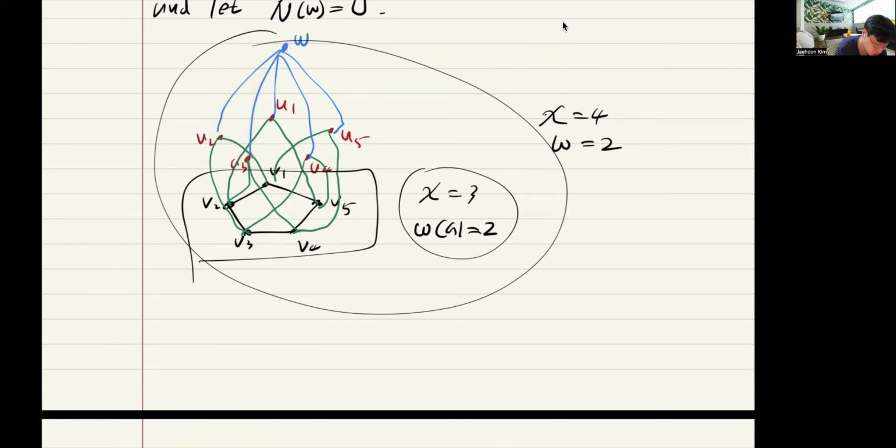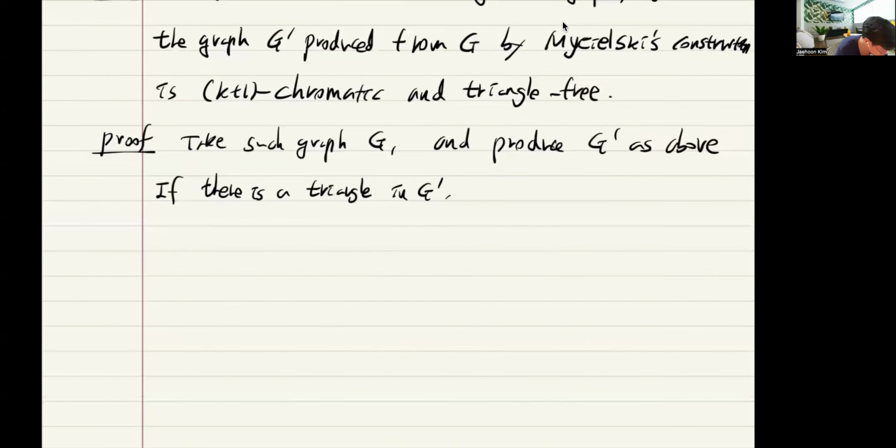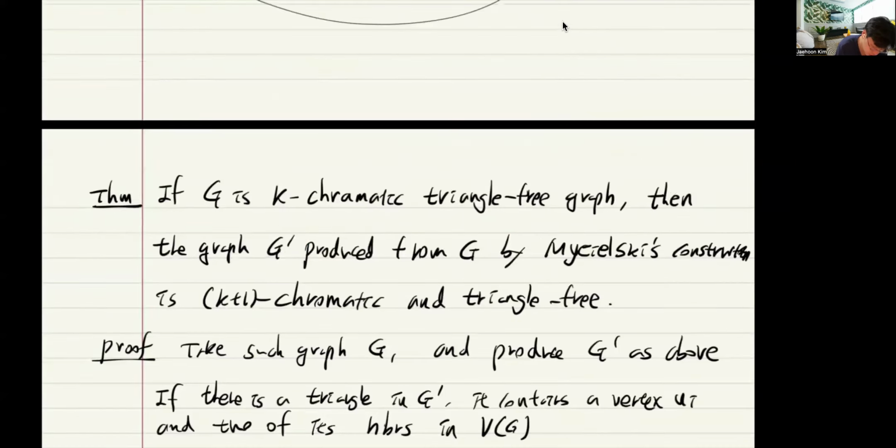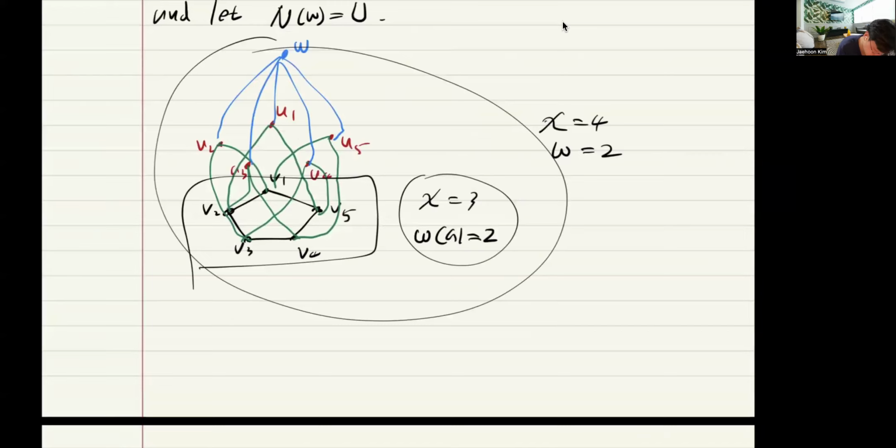So there is no triangle containing W. So it must contain a vertex Ui and two of its neighbors in G. However, what do you know?